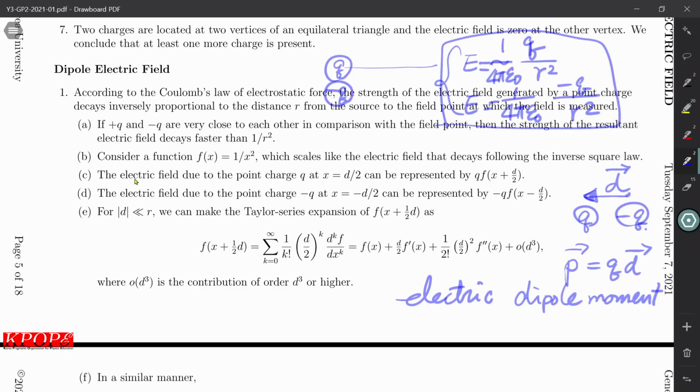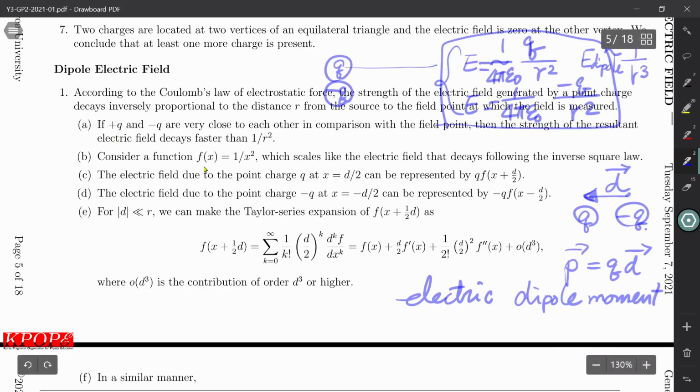The 1 over r squared dependence cancels, and it decays faster than 1 over r squared. That means 1 over r cubed. The electric field due to a dipole is proportional to 1 over r cubed instead of 1 over r squared because of large cancellation.